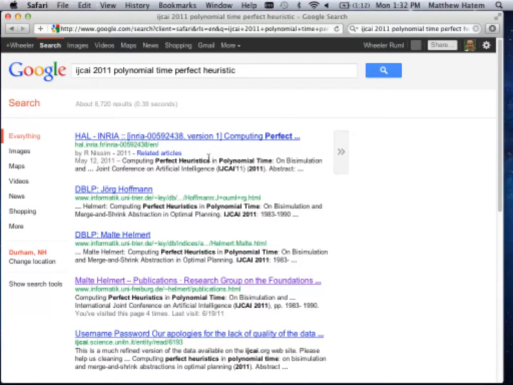Now, you might say, well, gee, this is significant because there are a lot of NP-complete problems that you can code up as heuristic search problems, and we all know that if you have the perfect heuristic, you just go straight to the solution. So have we just proved that P equals NP? Actually, this is computing perfect heuristics in polynomial time for some small subclass of instances. So it's not in the general case. But this is cutting-edge research by a very smart bunch of folks. People are working on that heavily as we speak.